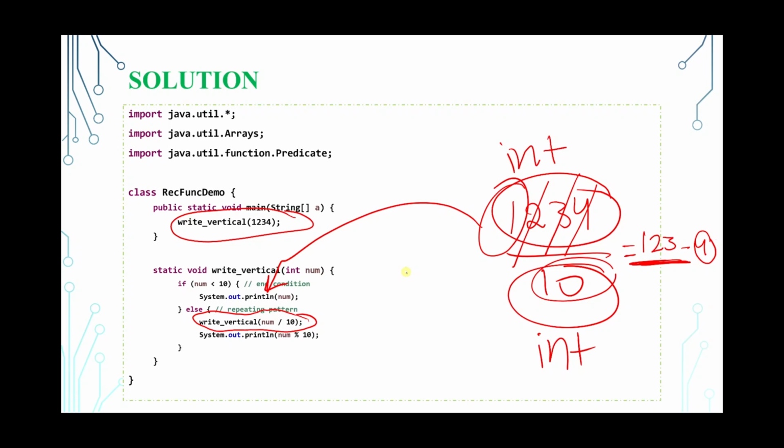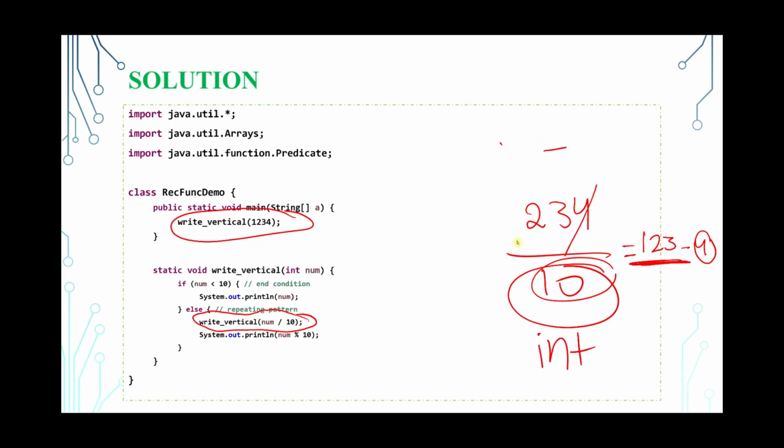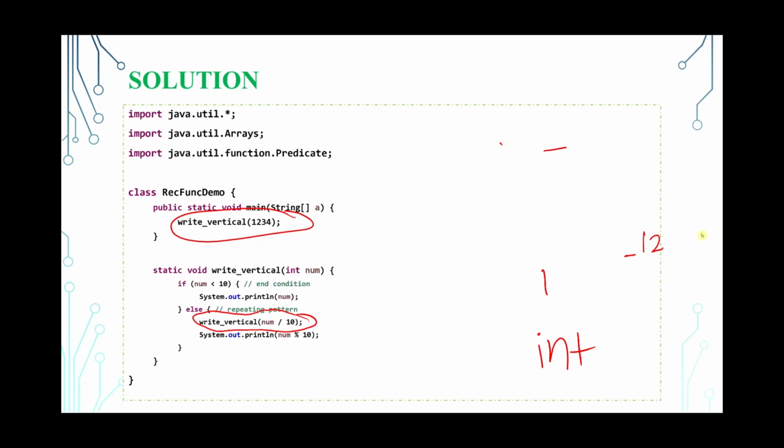So if I'm going to do that for you, let me just clean this first. So 1, 2, 3, 4. Basically, this is not going to print anything. And here's what we print, right?